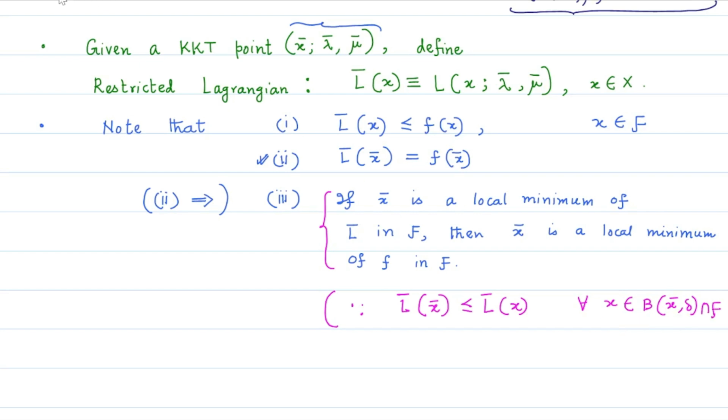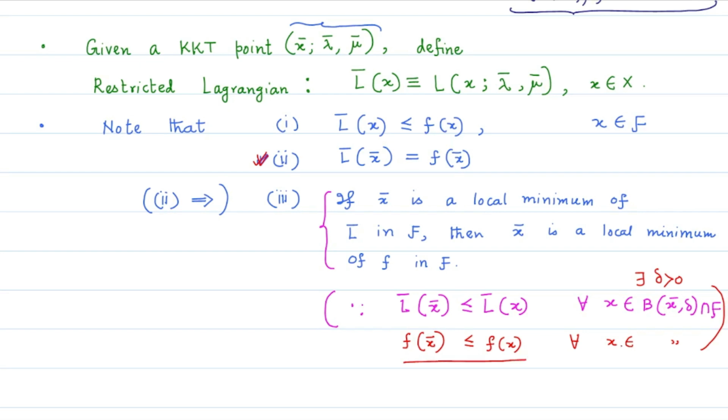From here we have that this L bar x is always less than or equal to f x inside this feasible set, and therefore we have L bar x bar is less than or equal to f x for all x belonging to the intersection of this ball, for some delta greater than 0, with the feasible set capital F. We notice that this left hand part L bar x bar is equal to f x bar due to this second observation, and hence we have f x bar is less than or equal to f x.